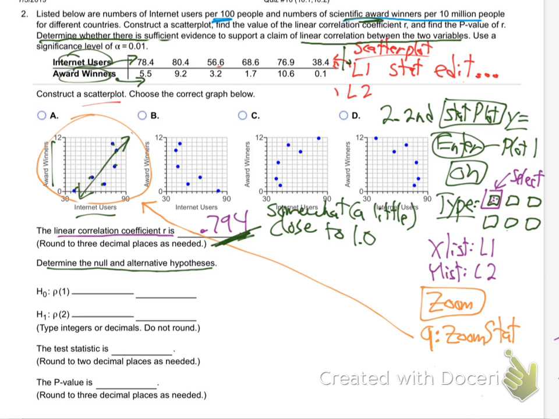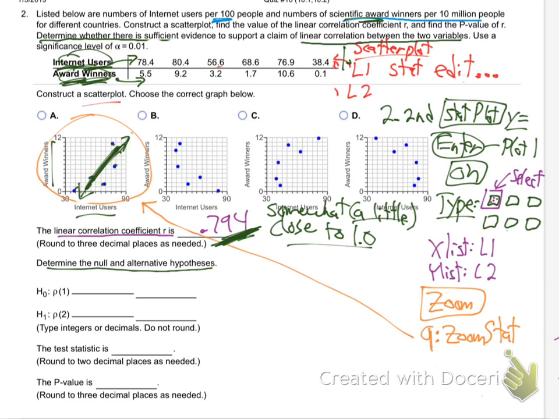How strong is the evidence that internet users and science award winners in your country have a linear relationship? The dots fit a straight line relationship. How much evidence is there for that? We can look at the scatter plot. We can find the R value. Want that close to 1.0. It's a little bit close to 1.0.